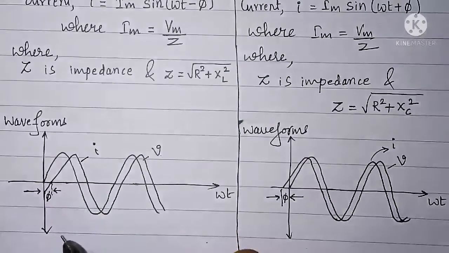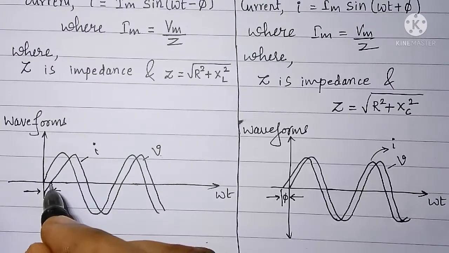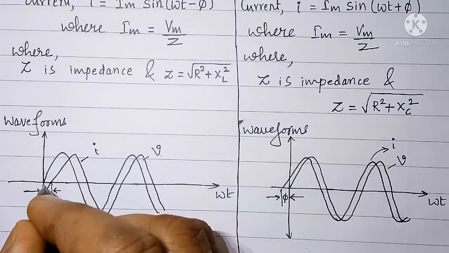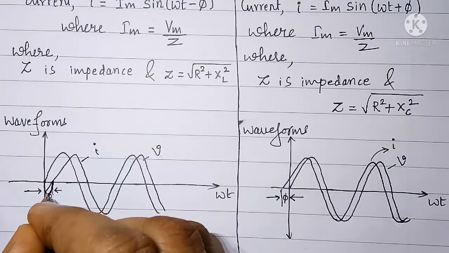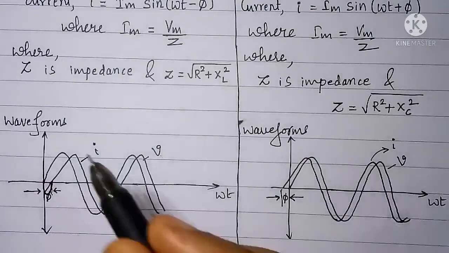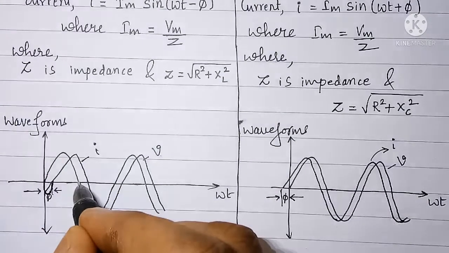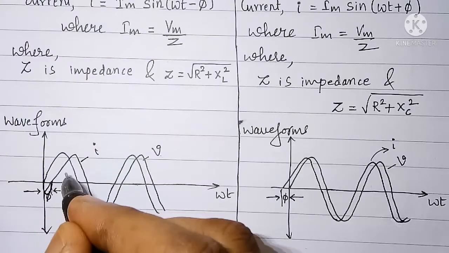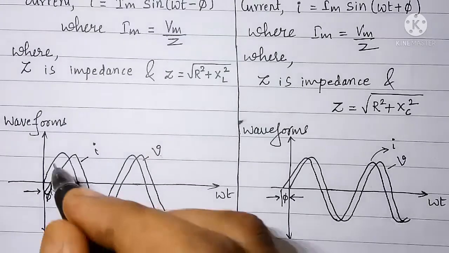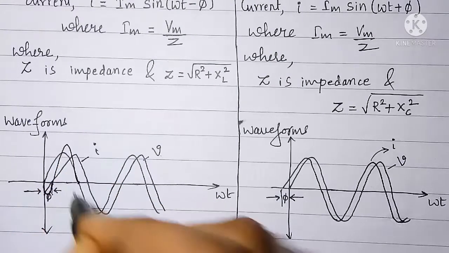From 0 to phi, voltage is positive and current is negative. Therefore, the product will be negative. And from phi to pi, both voltage and current are positive. So the product will be positive.